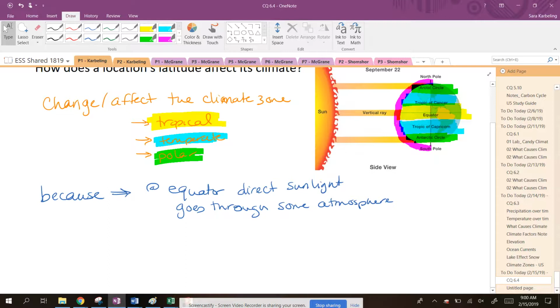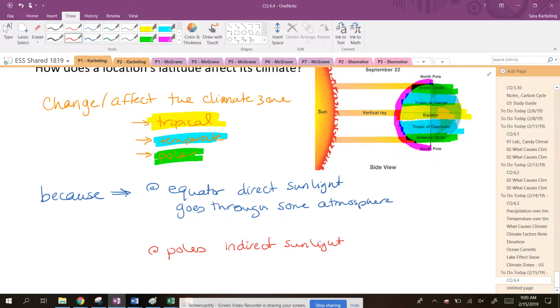Yeah. It has to go through a lot more. The sunlight has to have a more surface, I think. Right. Yeah. So at the poles, the sunlight is what we call indirect, right? Indirect sunlight. So that light has to spread over more area.